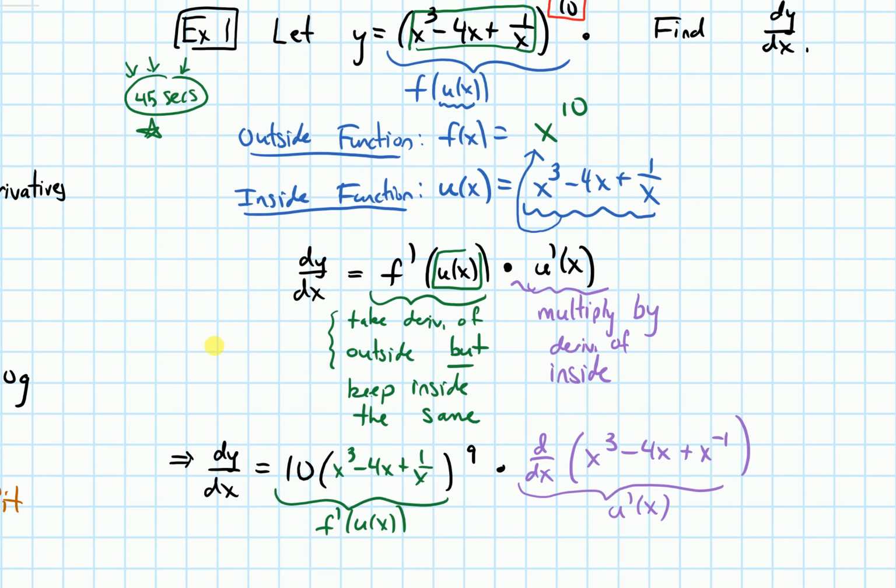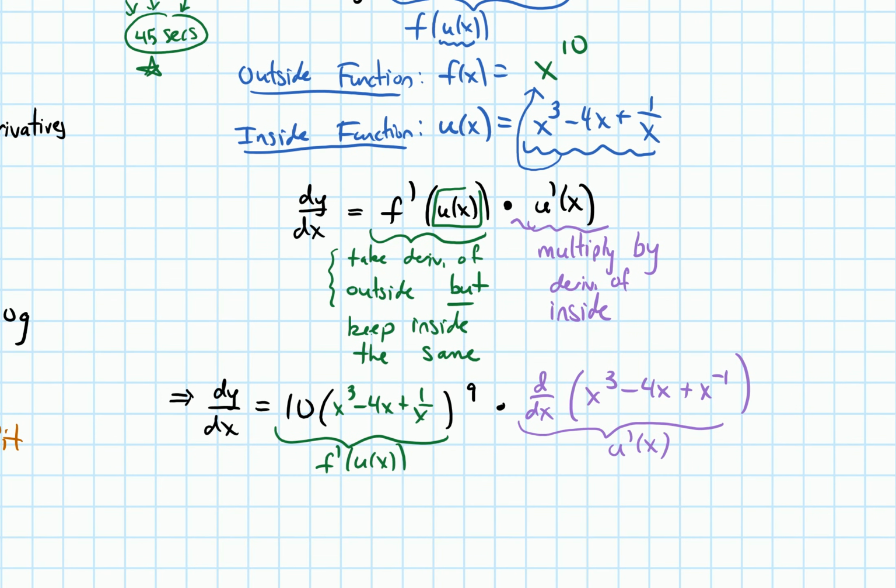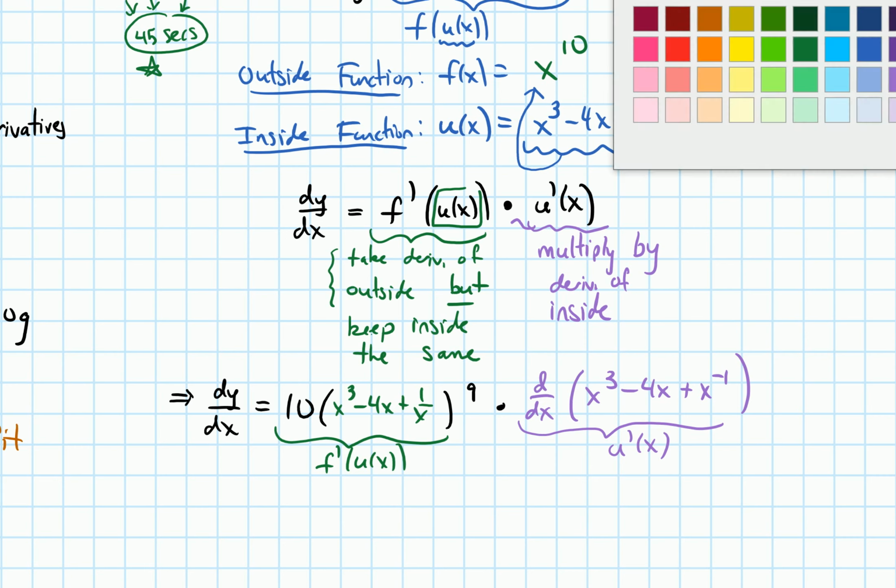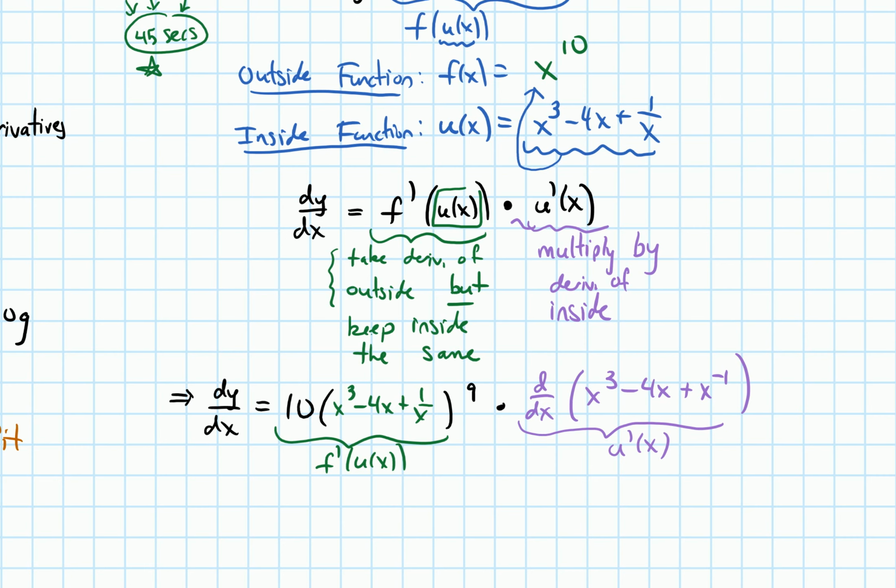So now let's just evaluate that derivative. Evaluating this, we end up getting dy dx. The first part stays the same, 10 times x cubed minus 4x plus 1 over x to the 9, and then times the derivative of the inside. The derivative of x cubed is 3x squared.